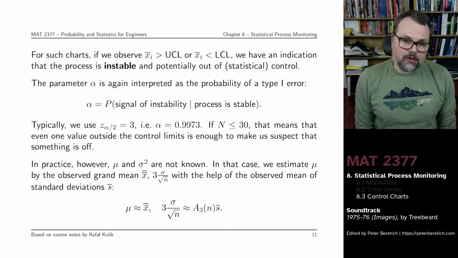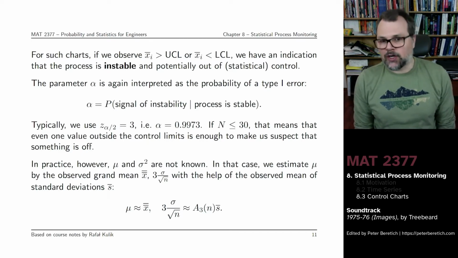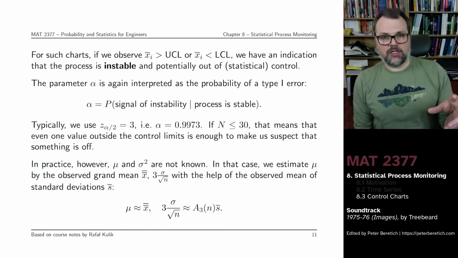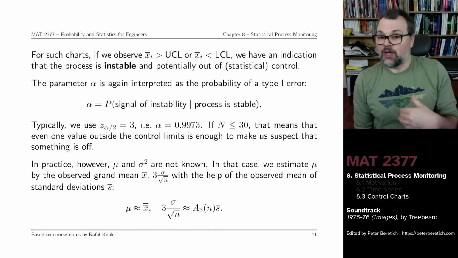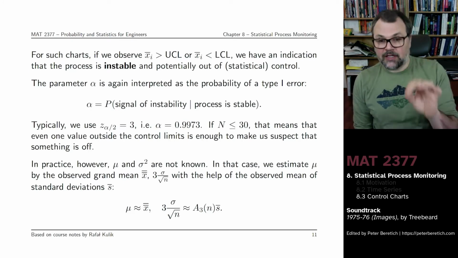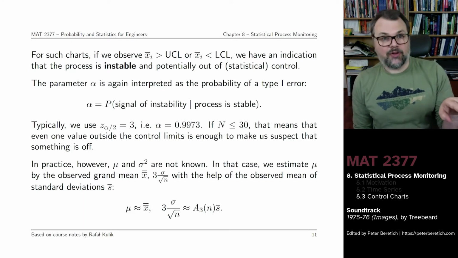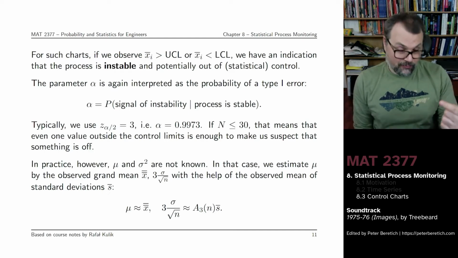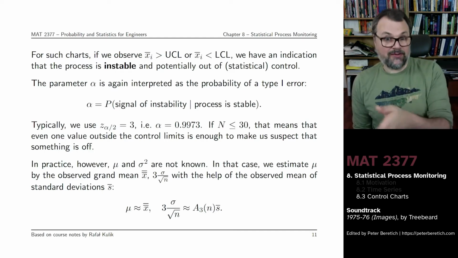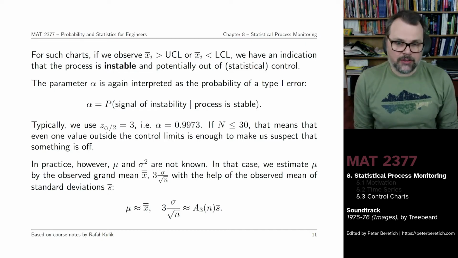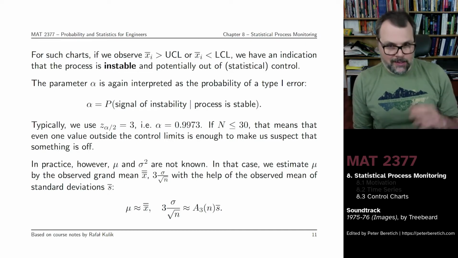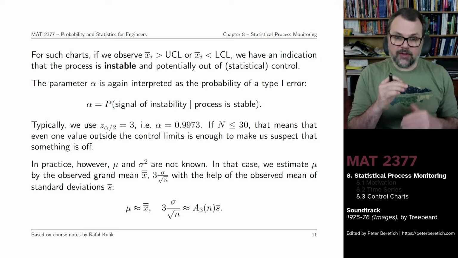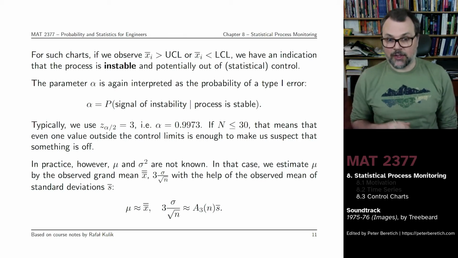The reality though in practice is that mu and sigma squared are not known. You don't know what distribution these measurements come from, and so you have to provide estimates. Typically you will estimate the population mean mu with the help of the grand mean, the average of the sample means at the various time or location indices, and the radius for the control limit, 3 times sigma divided by square root of n.